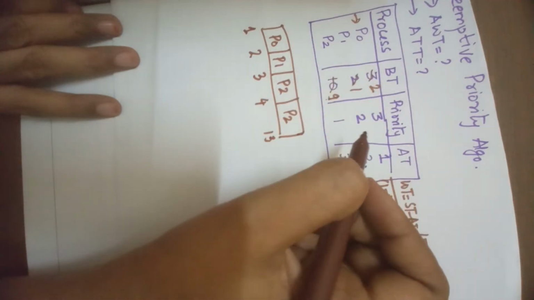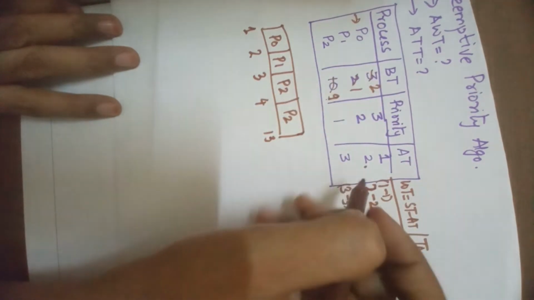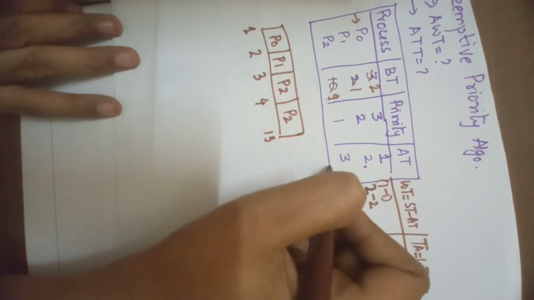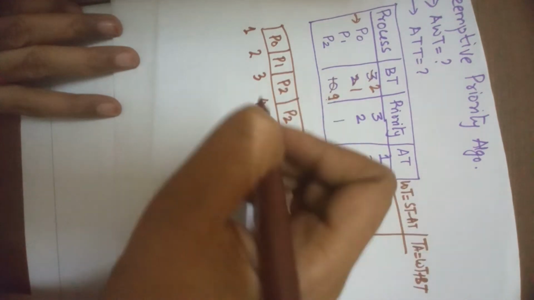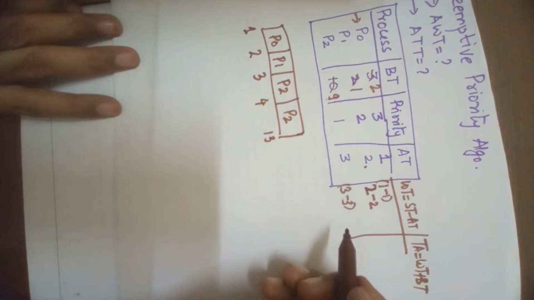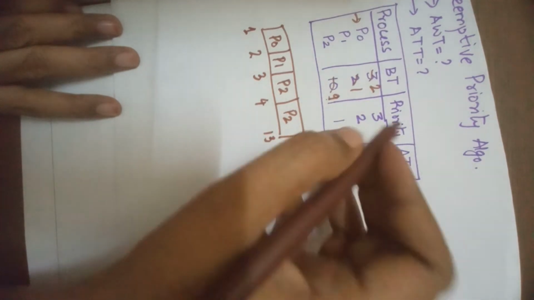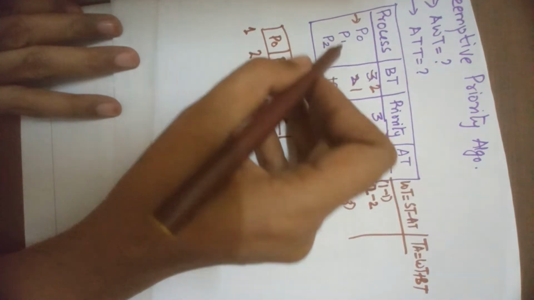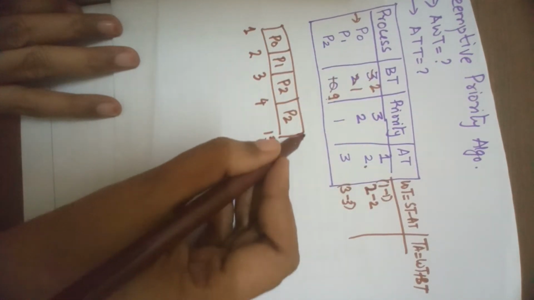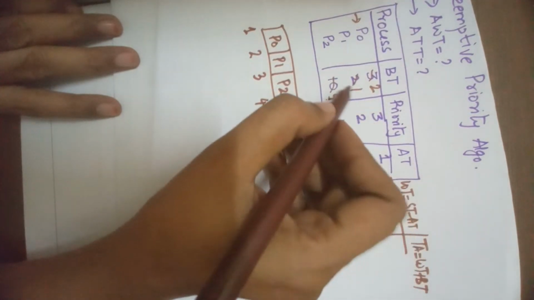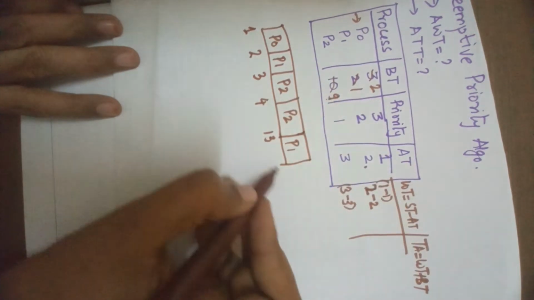Now whose chance will be next? After all the time slots are considered, the question is converted into a non-preemptive priority algorithm. Once the chance is given, the process is not going to be preempted. The second highest priority process is P1, so P1 will be given the chance. For how long is P1 going to execute? Only for 1, because that was the remaining time slot.